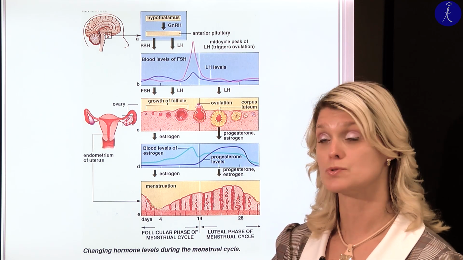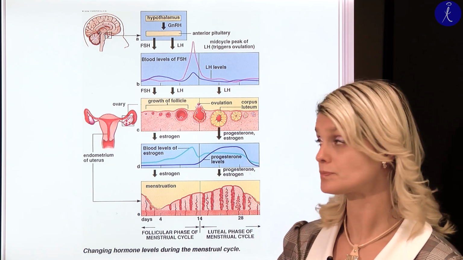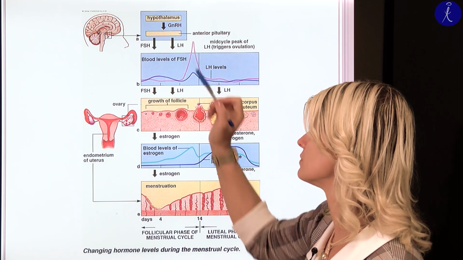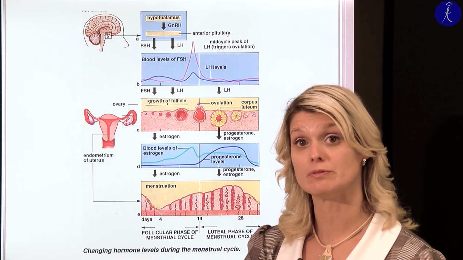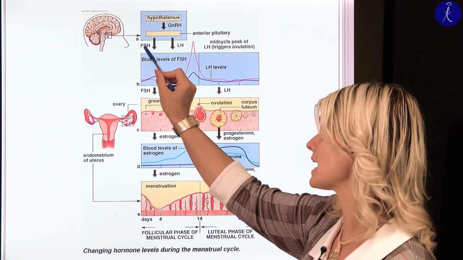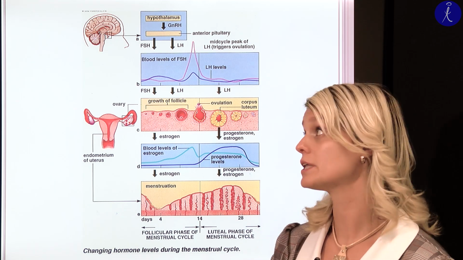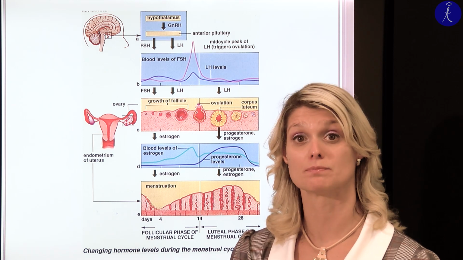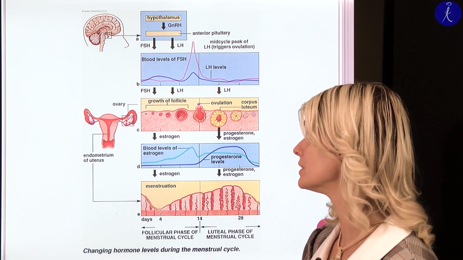The hypothalamus will produce the gonadotropin-releasing hormone, which will regulate the hormone production of the anterior pituitary. The anterior pituitary will secrete FSH and LH. FSH is the follicle-stimulating hormone, which is important in the development of the follicles within the ovary.